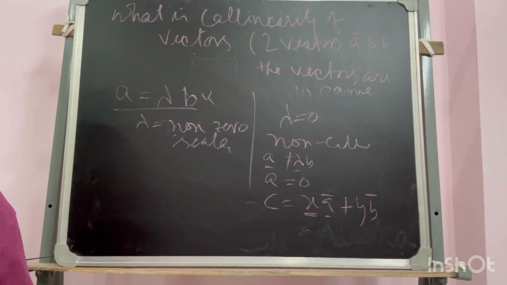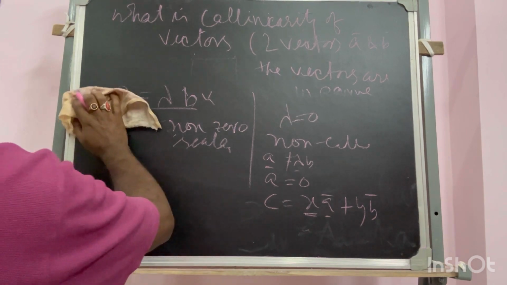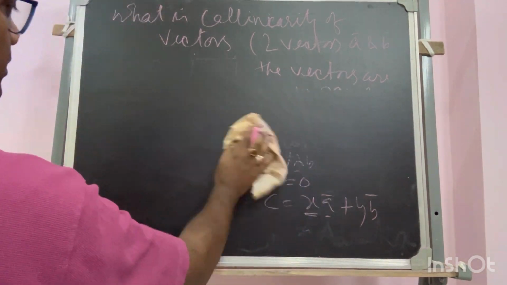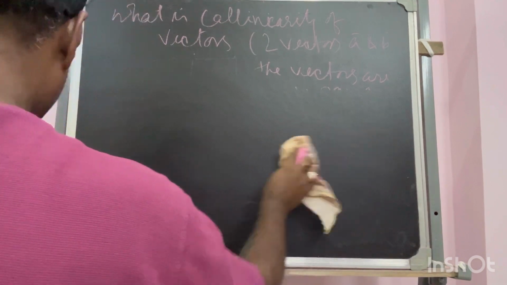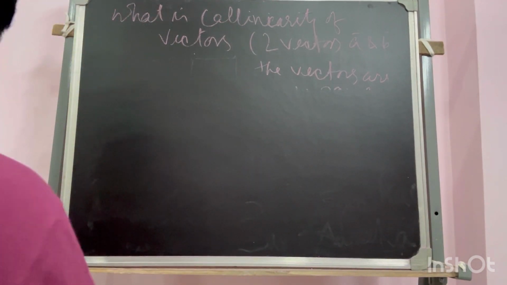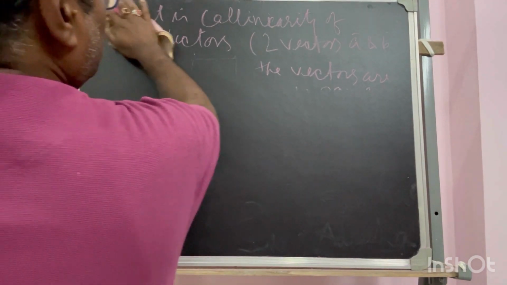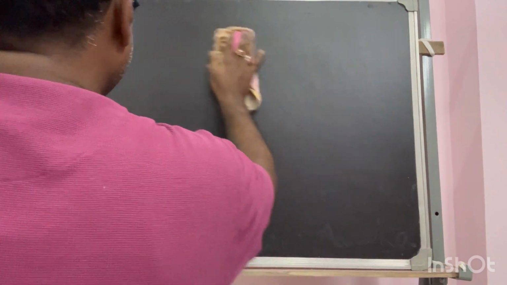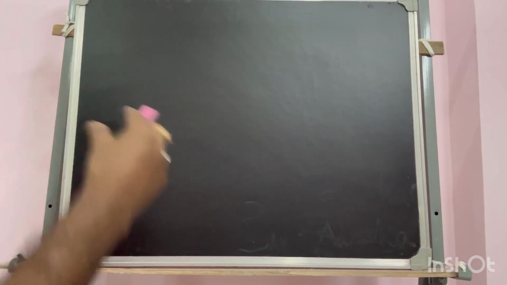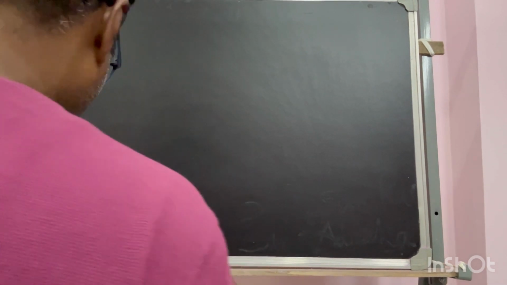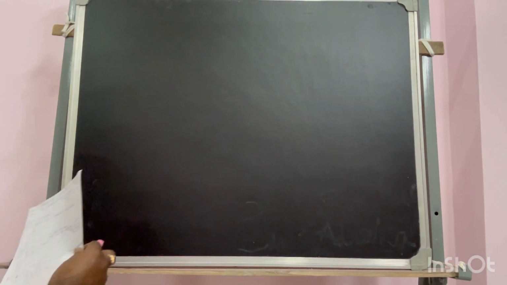So this condition is also a condition for non-collinearity. Now you have learned collinearity and non-collinearity, and physically you understood what is collinear and non-collinear. Now we'll do some examples on collinearity.